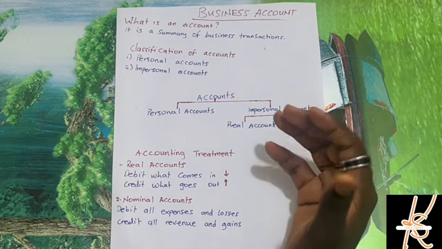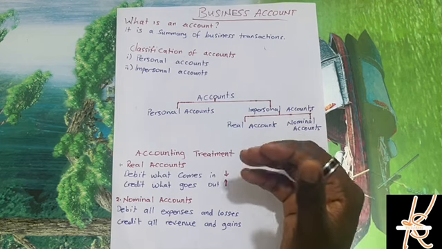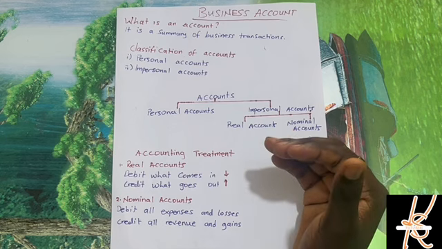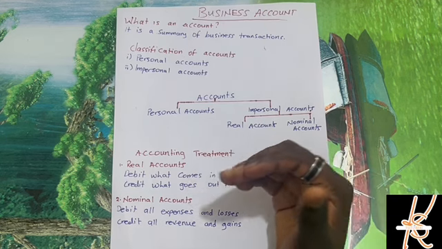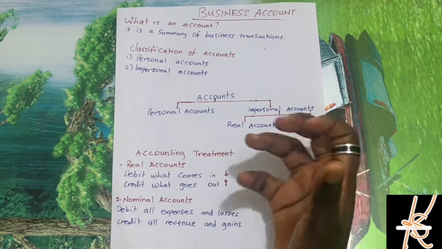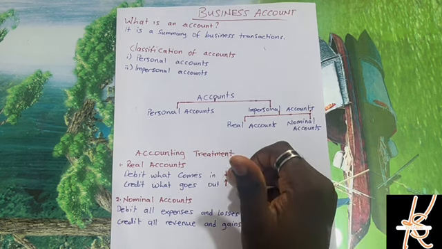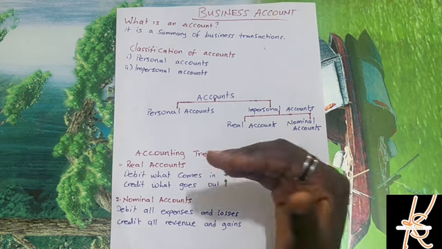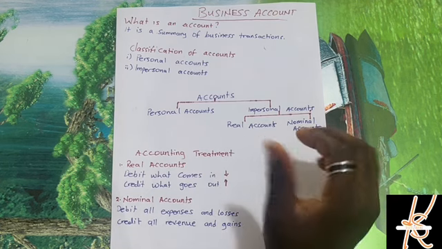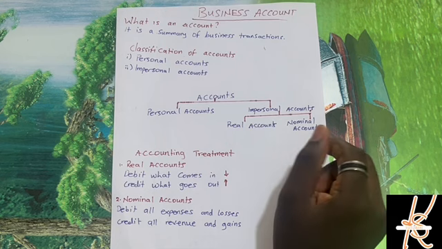When we buy a motor van, meaning a motor van is coming into the business, we will debit it. When we construct a new building, we will debit it. So when assets increase, we have to debit the real account. When it decreases, we will credit it.